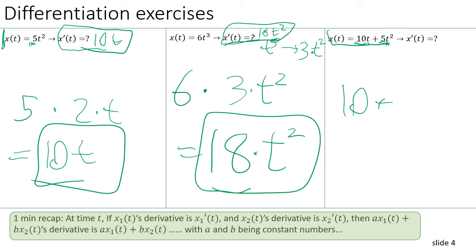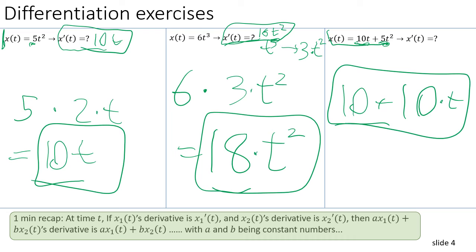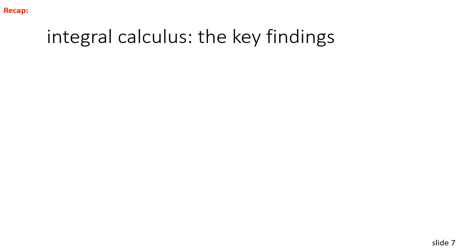For the other term, we know that the derivative of t squared is 2 times t, and when we move 5 back into the picture, it's 5 times 2 times t, which is 10 times t. Our final answer is 10 plus 10 times t, and that is our derivative. Perfect. We have recapped derivatives.